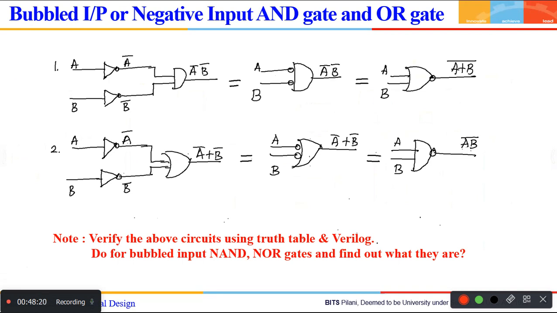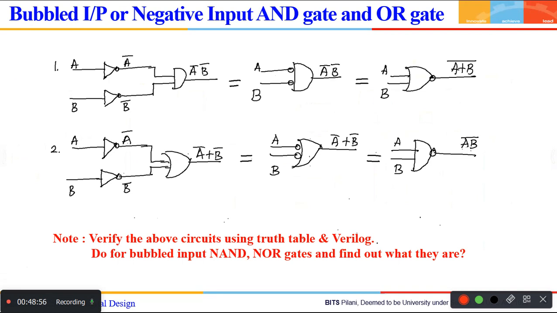Now, what do you need to do for that? What you need to know to get your logic circuit with only NOR gates or NAND gates is how to realize an OR gate using NAND gates, how to realize an AND gate using NAND gates, and how to realize a NOT gate using NAND gates.